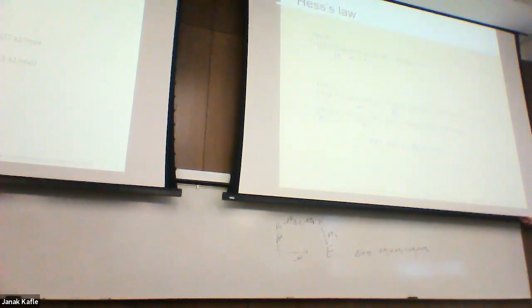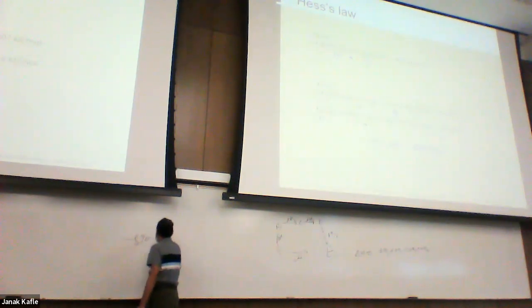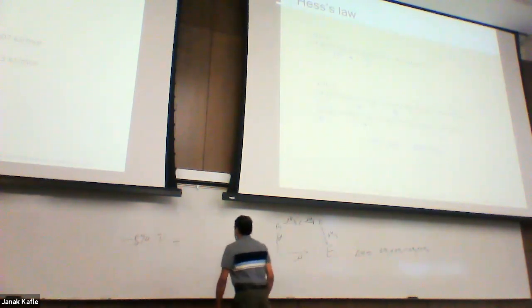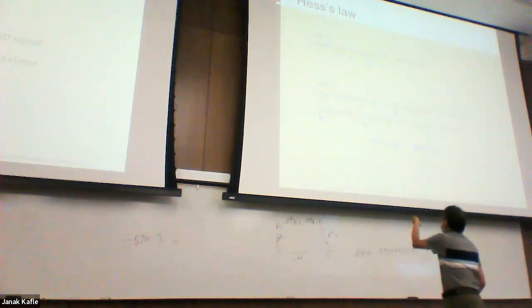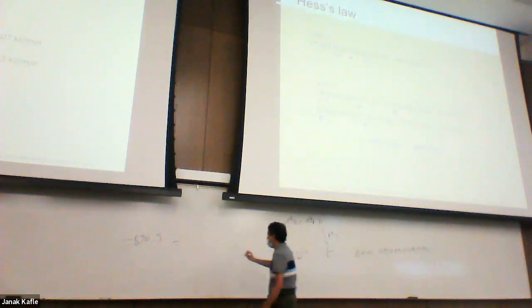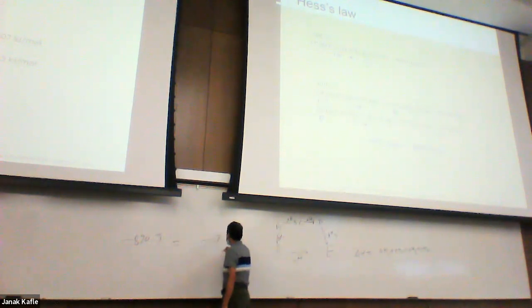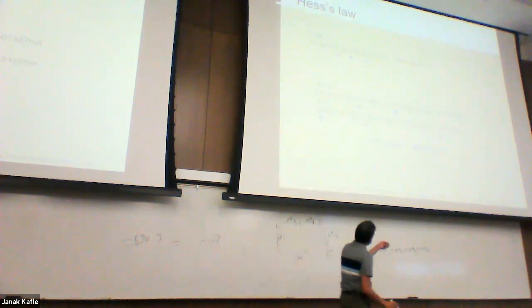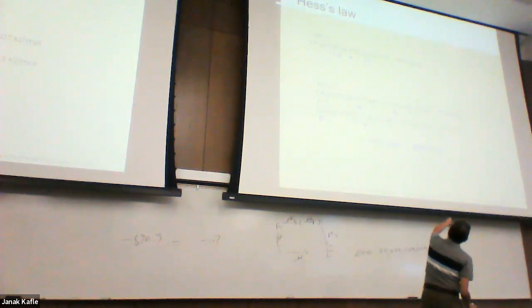And look here. In the single step, A to C directly, I have minus 890 kilojoule. And this is the sum of the heat in 2 steps. So this is the first step. The heat change here is minus 607. And then in the second step, I have the heat change minus 283.